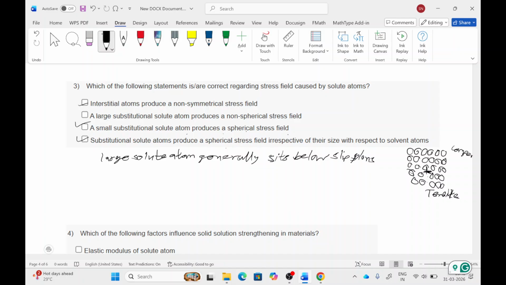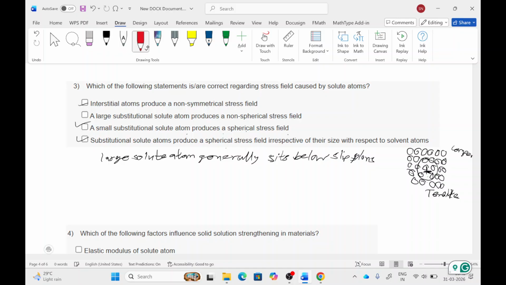So both large and small substitutional solute atoms create a spherical stress field, while interstitials create a non-symmetrical stress field. So the third option is also correct. Yes, the stress field will be like this.